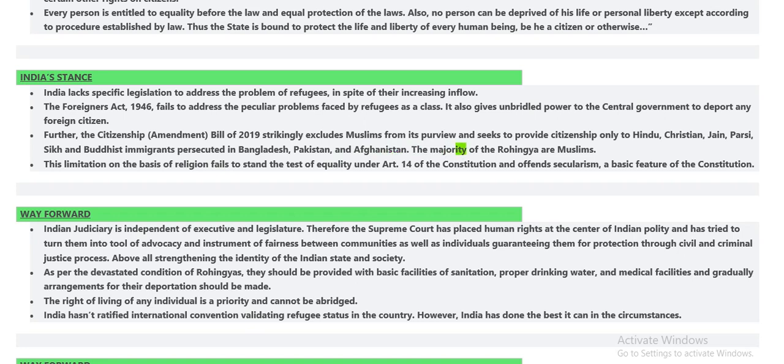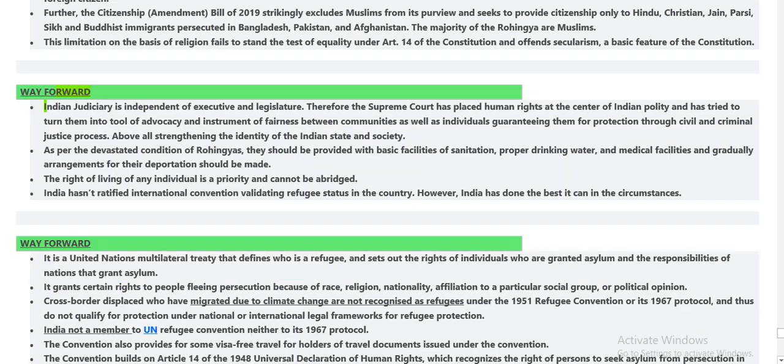Further, the Citizenship Amendment Bill of 2019 strikingly excludes Muslims from its purview and seeks to provide citizenship only to Hindu, Christian, Jain, Parsi, Sikh and Buddhist immigrants persecuted in Bangladesh, Pakistan, and Afghanistan. The majority of the Rohingya are Muslims. This limitation on the basis of religion fails to stand the test of equality under Art. 14 of the Constitution and offends secularism, a basic feature of the Constitution.